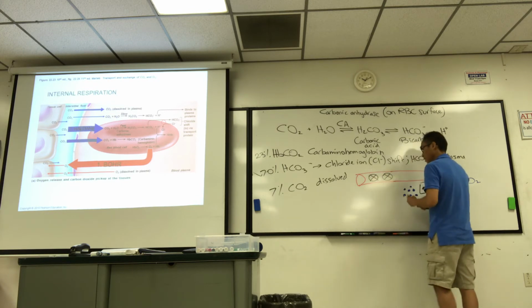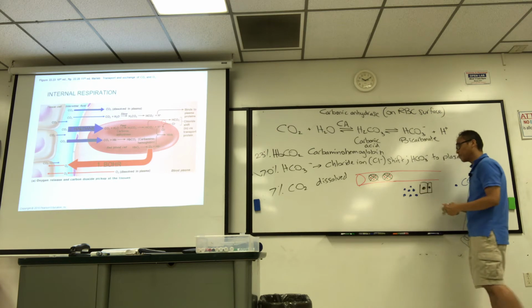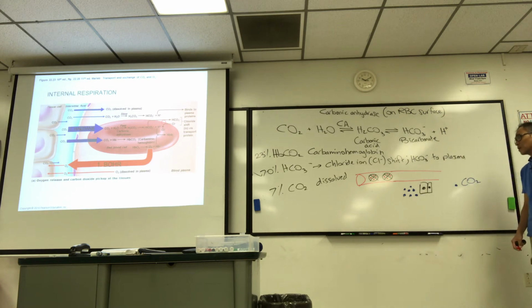Let's say the bus is completely full. They're all saturated, because it really is close to saturation, almost 97, 98%. So the only way you're loading CO2 is if O2 gets off.